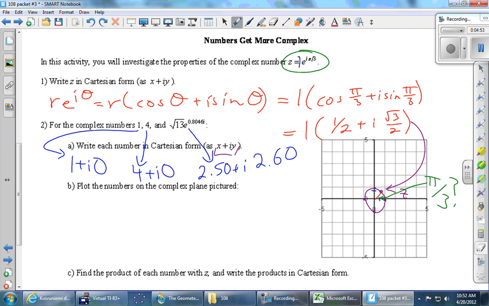Okay, and then it says plot those three numbers. So go ahead and plot each of those numbers on the complex plane pictured.